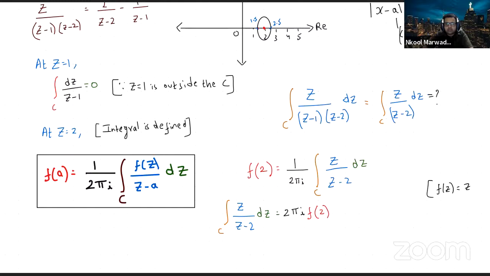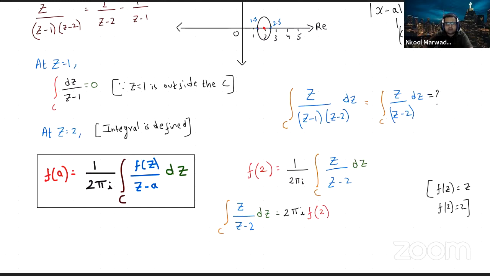See, f of z is equal to z. Whatever is there in the numerator, that is the f of z. So according to this, I can say that f of 2 will be 2.